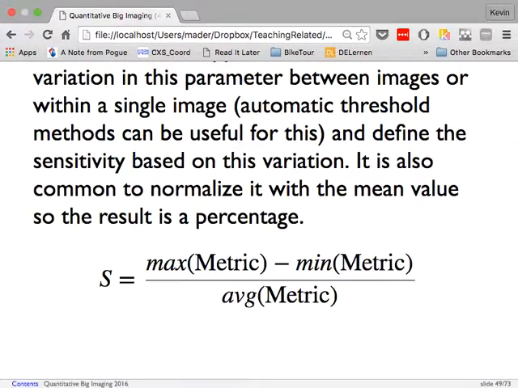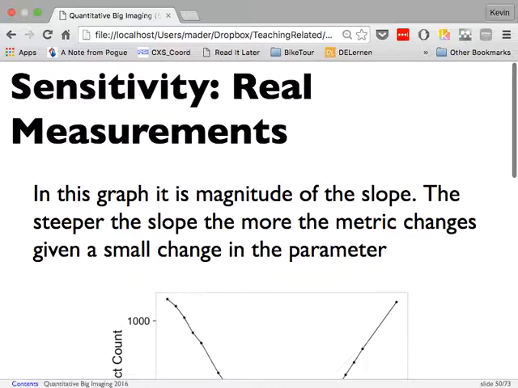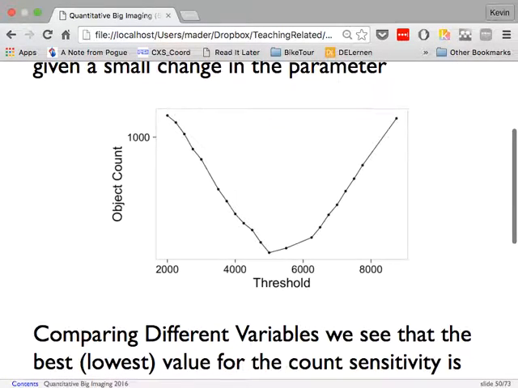You can also make it more practical by looking at the max minus the min divided by the average. That gives you an idea of the variability inside of this metric rather than looking at just the metric itself. And here we see an example of what kind of curves you can get out of this.